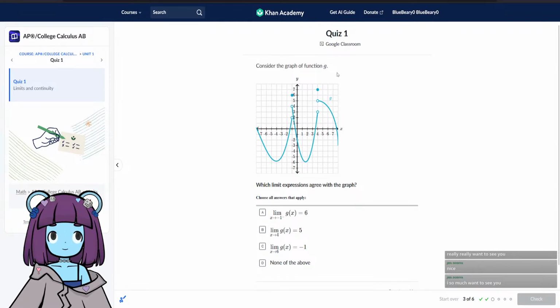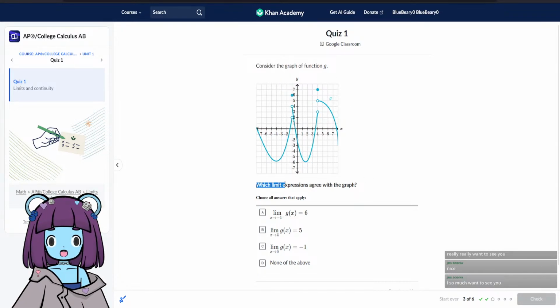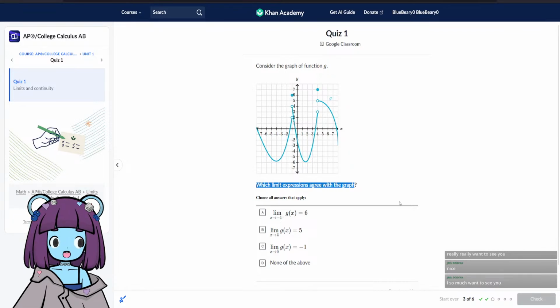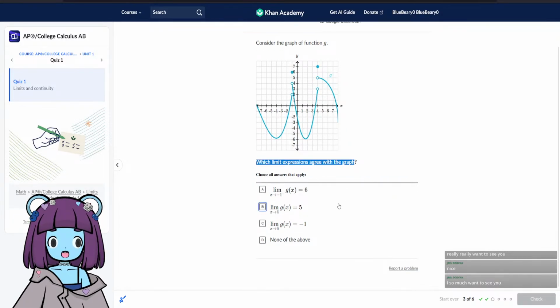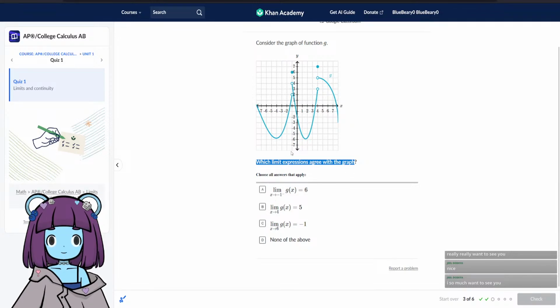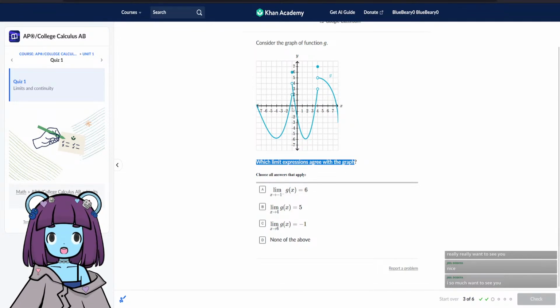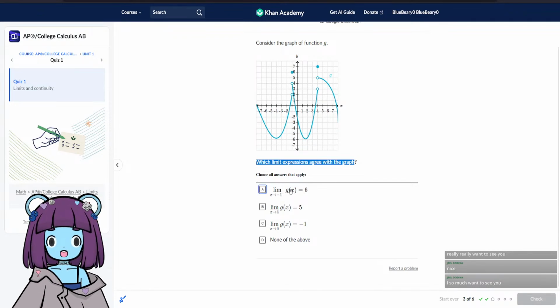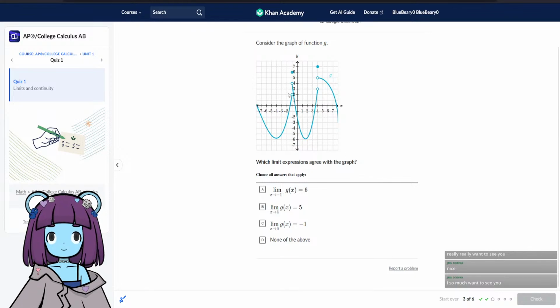That would be interesting. Which limit expressions agree with the graph? Choose all answers that apply. So you find -1 and it approaches it from the left. -1's right here, and if we approach it from the left, this is incorrect because it should be 2. We go to 4, we see it approaching from both sides.